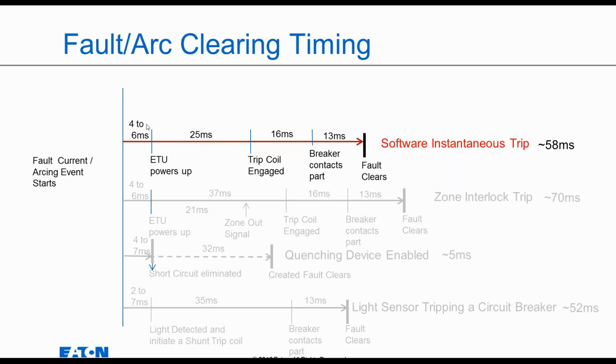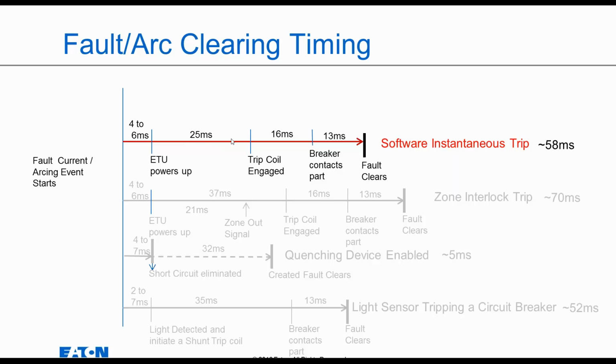In our trip units, they're all powered from the currents that flow through the breaker. And so after that, there's probably about 25 milliseconds of doing this instantaneous trip where you're sampling currents, summing, squaring them, getting the true RMS value to make sure that you're not going on a peak value that might be a transient or some kind of surge current.